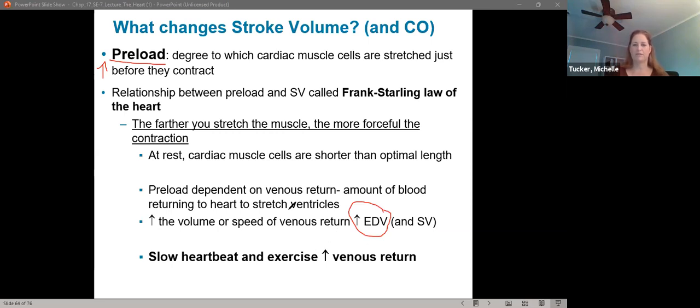So blood is more efficiently returned to the heart. Okay. But three factors that affect stroke volume, either by affecting end diastolic volume or end systolic volume, the one that affects end diastolic volume is preload, and it is based on the principle that the farther you stretch the muscle by increasing the ventricular volume, the more forceful the contraction.